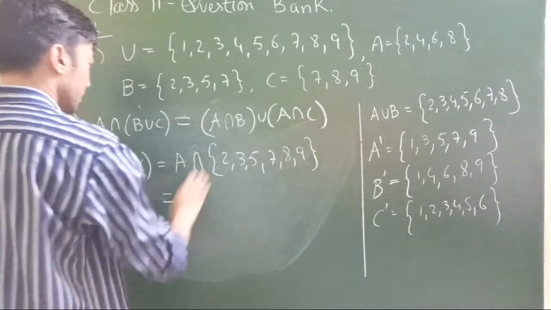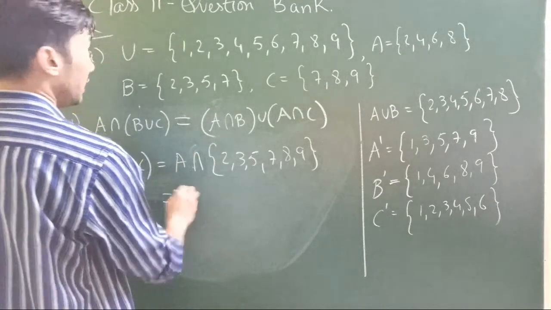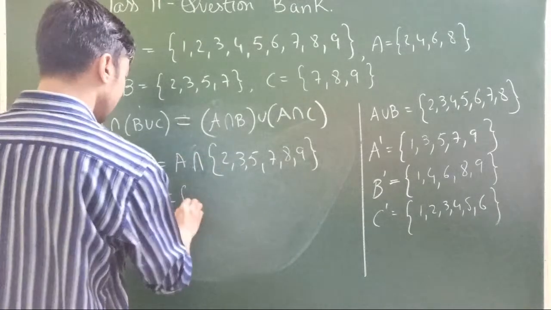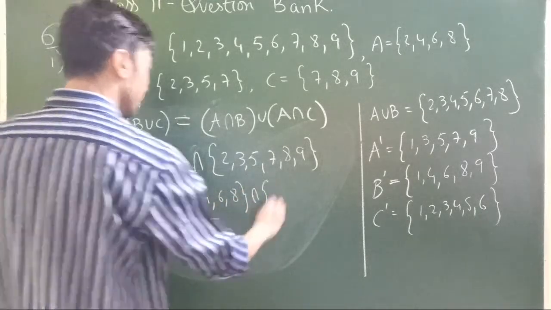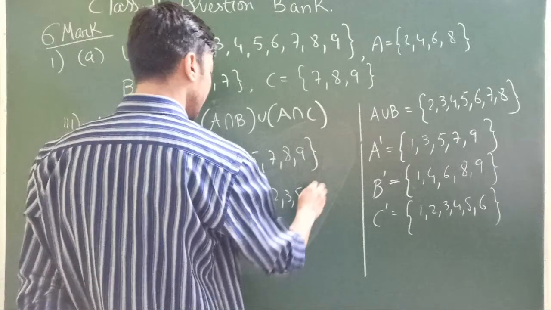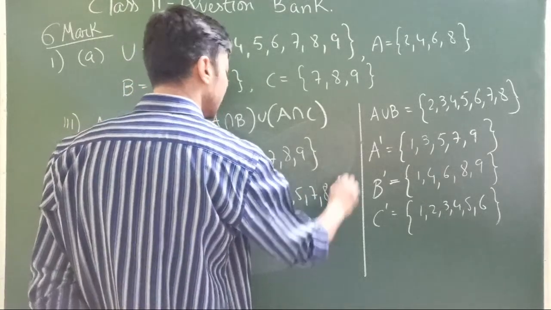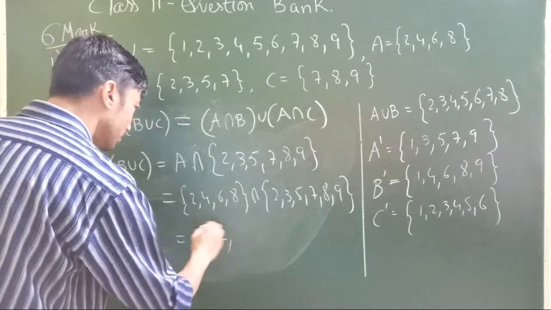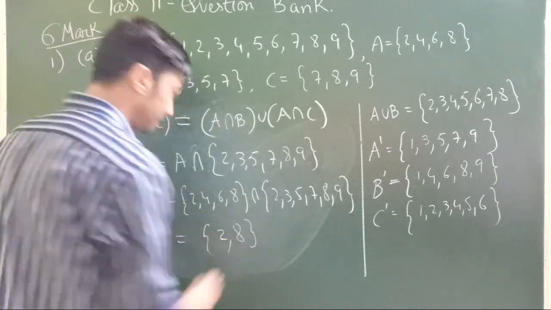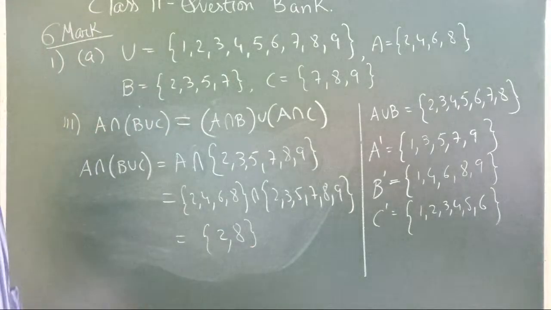Our set A is 2, 4, 6, 8. A intersection B union C is 2, 4, 6, 8 intersection 2, 3, 5, 7, 8, 9. The value will be the common elements: we have 2 and 8. So that's done.